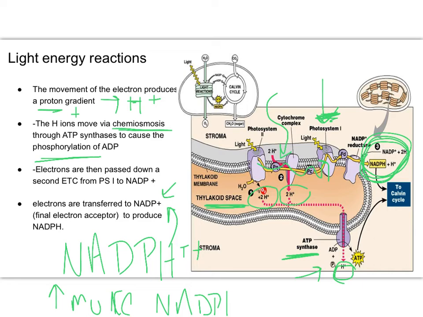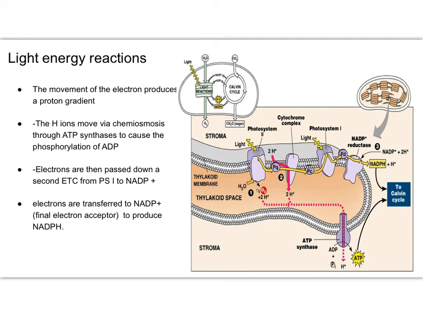The plant needs more ATP to do photosynthesis than it needs NADPH. Let me clear this off. Okay. All right, so now I have more space here. The plant needs more ATP to do photosynthesis than it does NADPH.